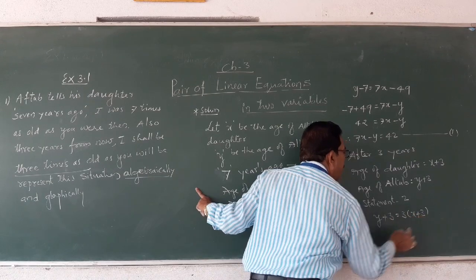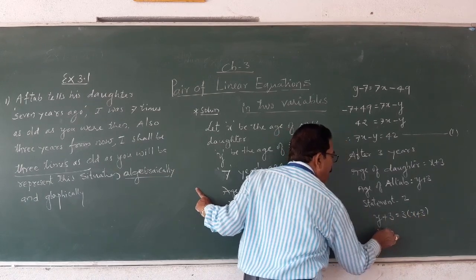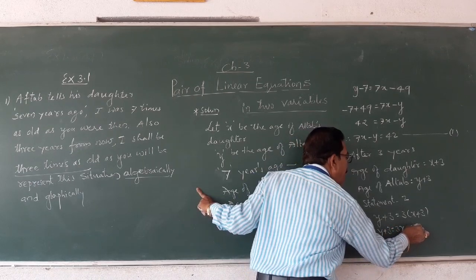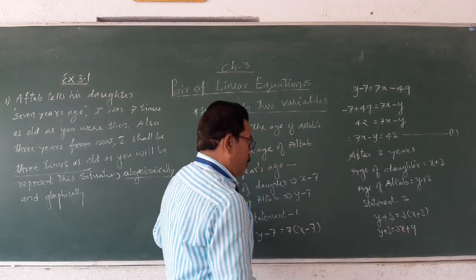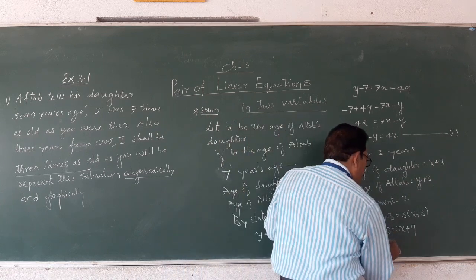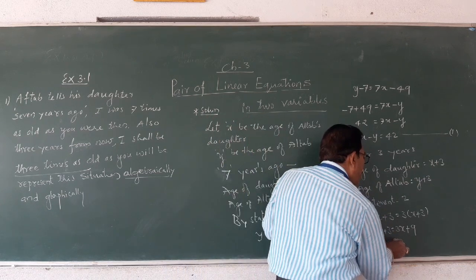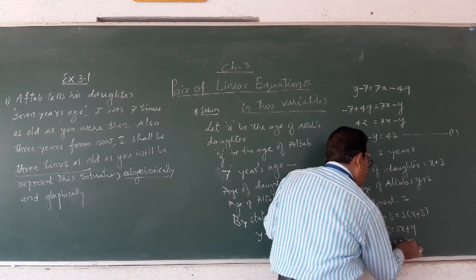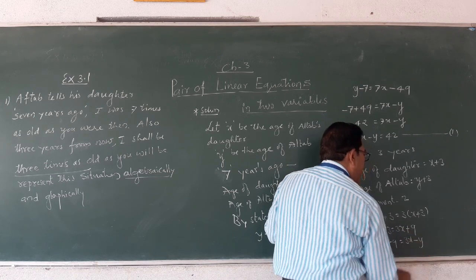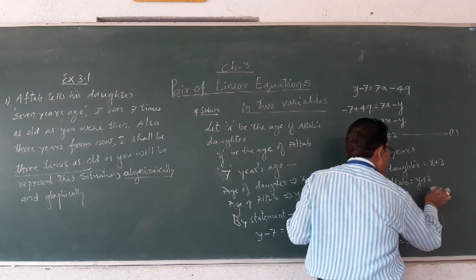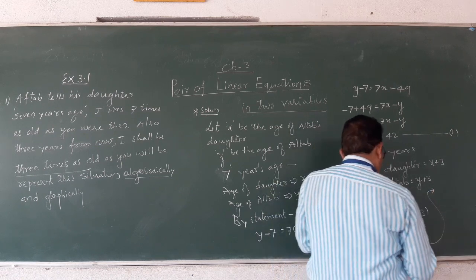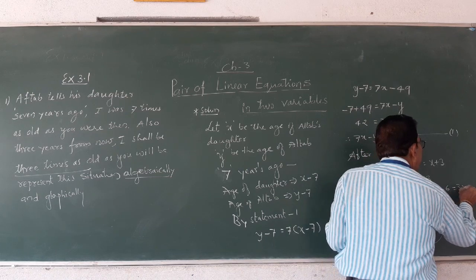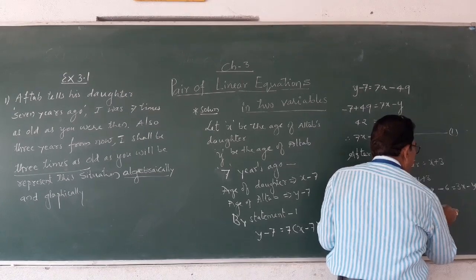So, y plus 3 equals 3 times x plus 3, 3 3s are 9. So, 3 minus 9 equals 3x minus y. Therefore, 3 minus 9 is minus 6 equals 3x minus y.